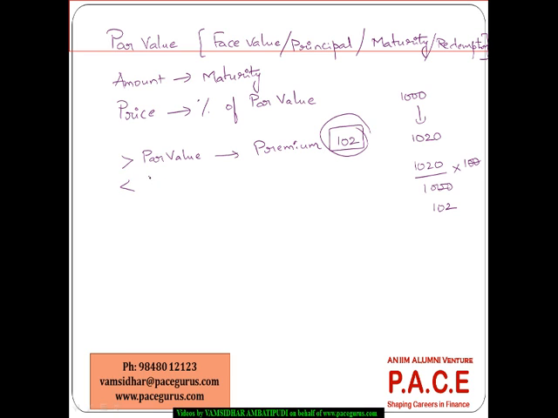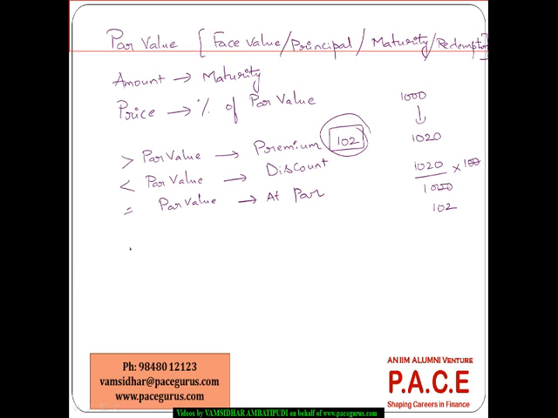If they are sold at less than the par value, we say that these bonds are being sold at a discount. Otherwise, we say that they are being sold at par. So the par value is helpful from that perspective as well. It is associated more and more with the pricing. Every bond being sold in the market is priced either at a premium, at a discount, or at the par value itself.